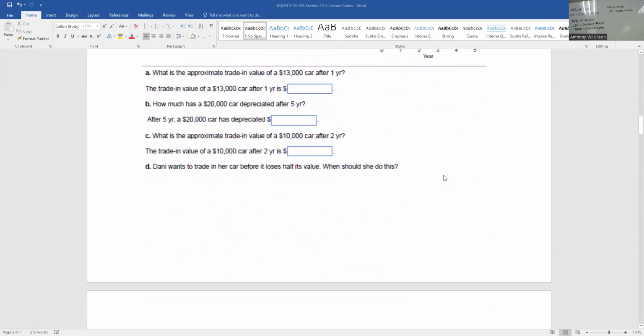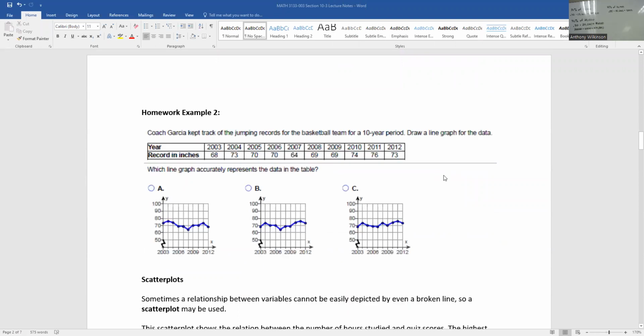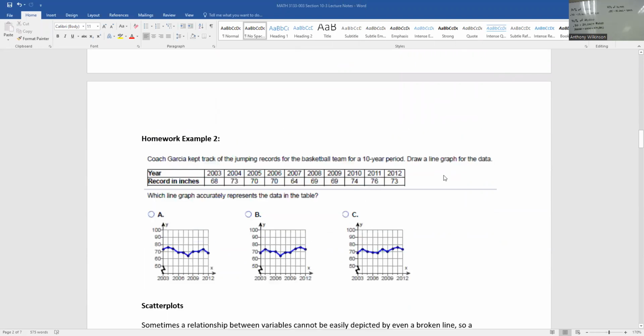All right, now example 2. This one is just a plain multiple choice. Coach Garcia kept track of the jumping records for the basketball team for a 10-year period. And let's say we want to draw a line graph of that data.